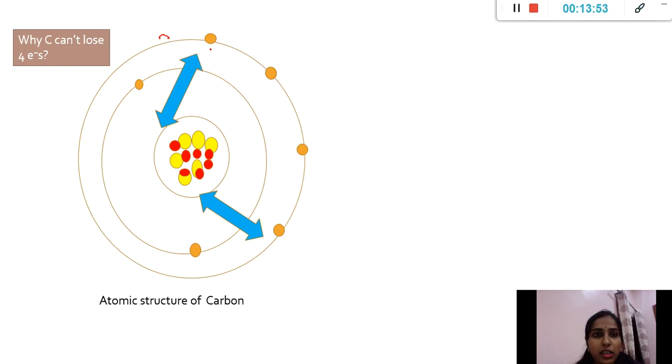You can see here is the strong force of attraction between the carbon nucleus and the electrons in the outermost shell. Here all these 4 electrons are trying to escape from the outermost shell, but they fail to do this.